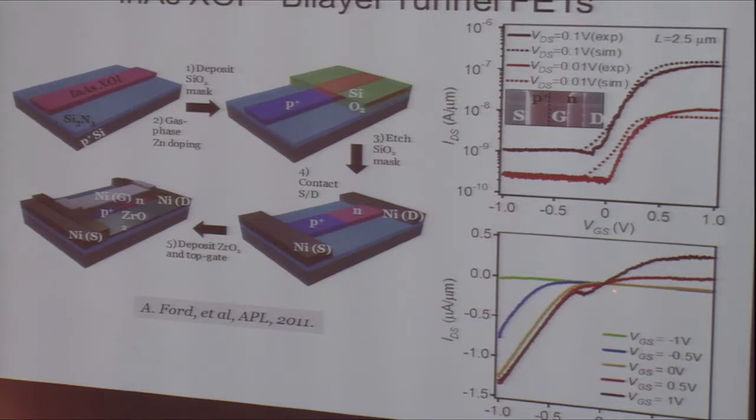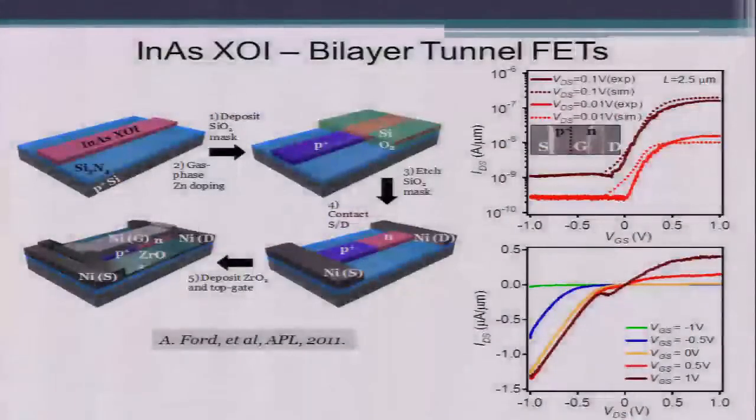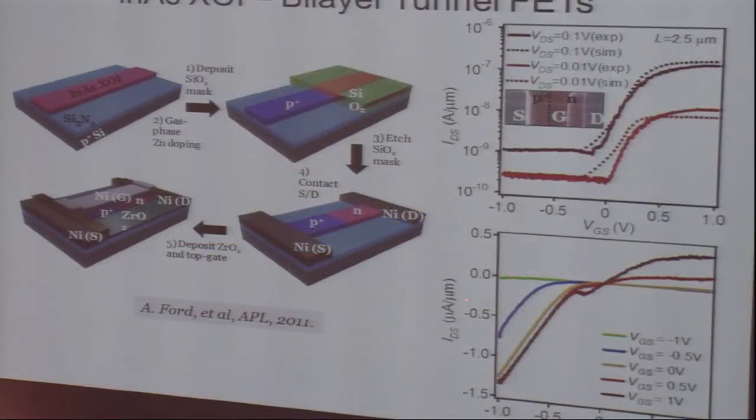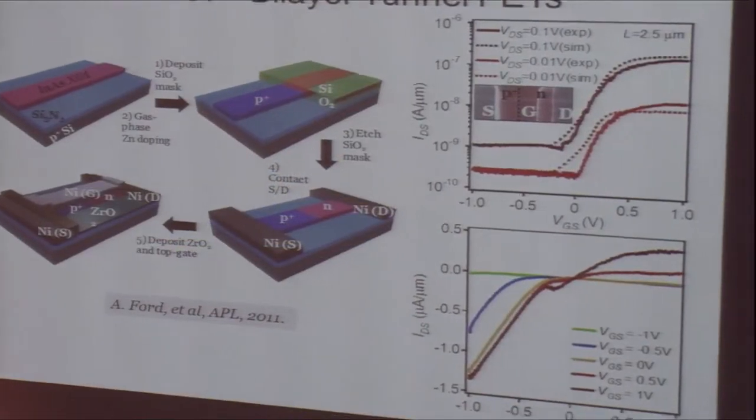One of the criteria that I always set for my students, if they bring the data to me and they say, well, we have a tunnel transistor, the first question that I ask them is, do you see NDR? And you have to see NDR in the forward bias regime. So in this case, the forward bias is actually negative voltage, the way we're plotting it.